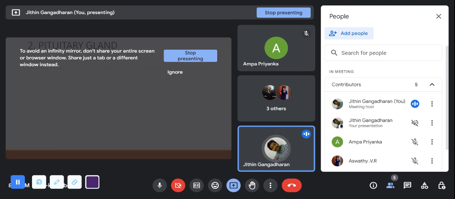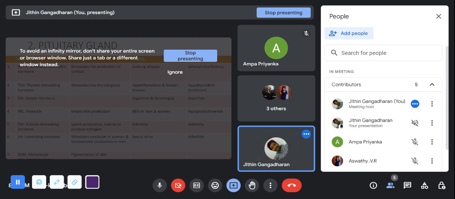We have two types of pituitary gland, the adenohypophysis and the neurohypophysis. What is adenohypophysis? It is your anterior pituitary, and we have a posterior pituitary, right? Now we shall see one by one. We are now seeing the anterior pituitary.